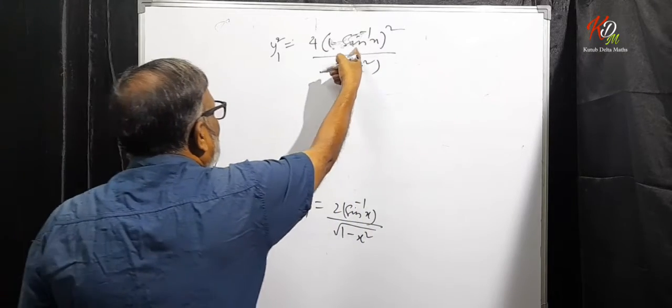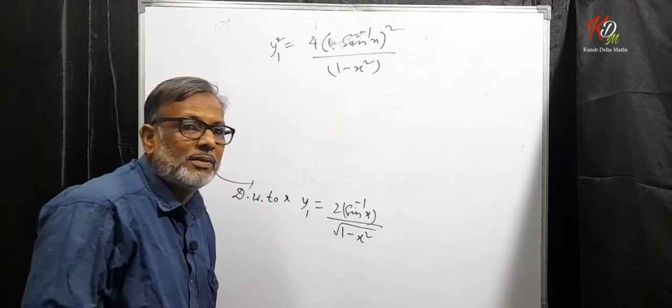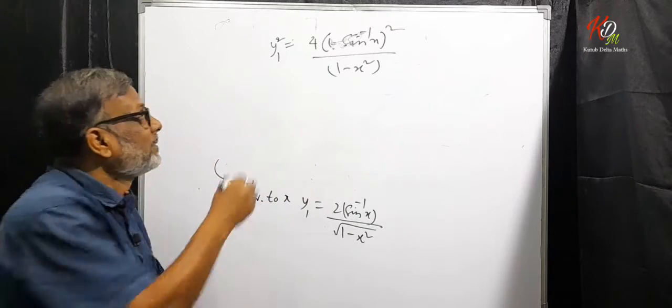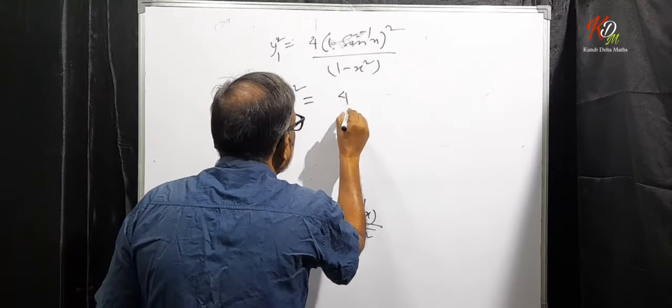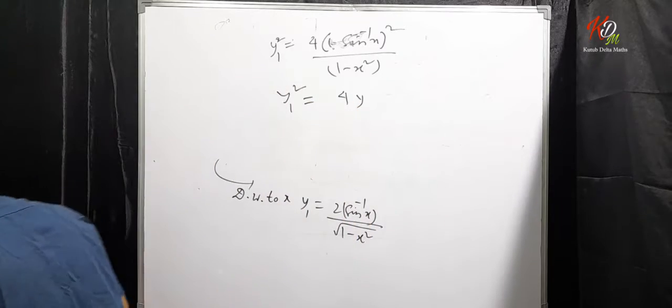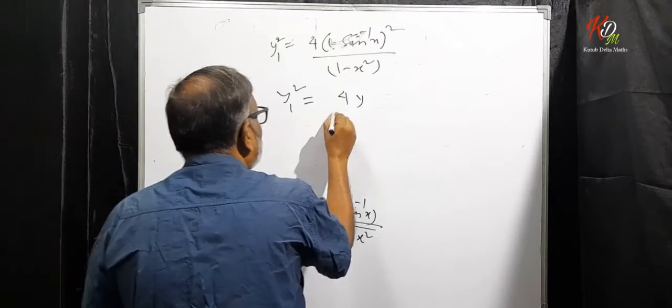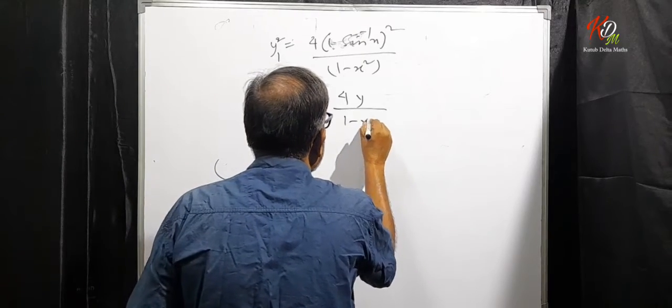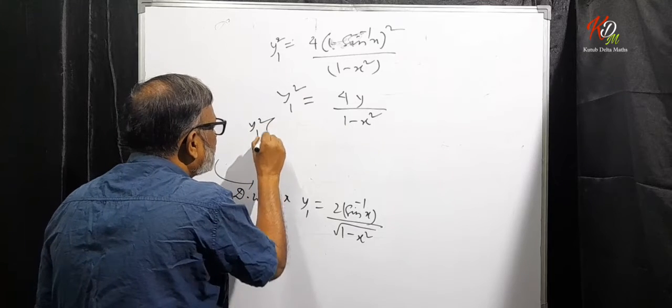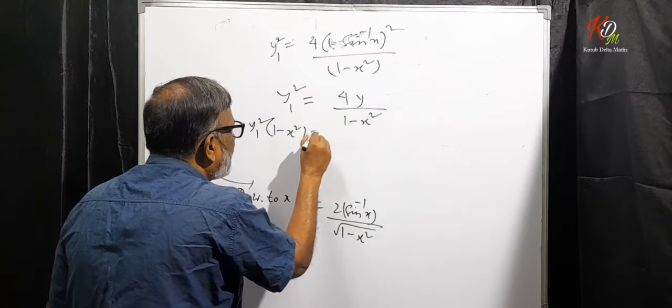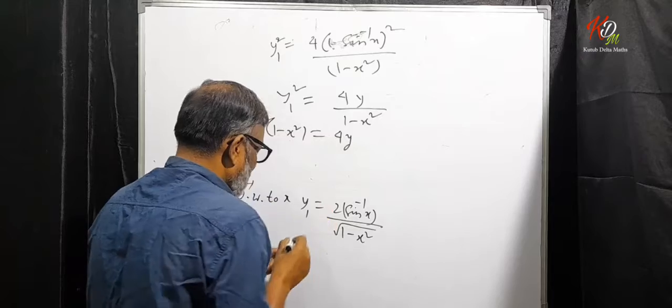We know that sin inverse x whole square equal to y. Putting it, y1 square equal to 4y by 1 minus x square. Cross multiplying, y1 square (1 minus x square) equal to 4y.